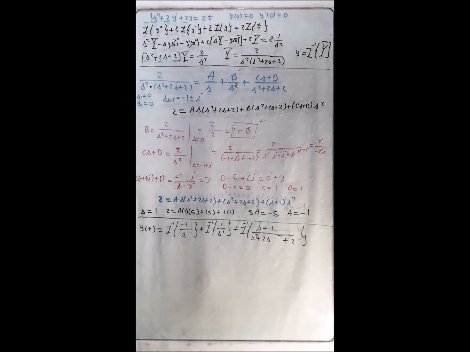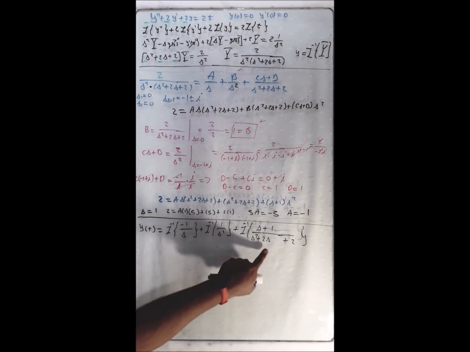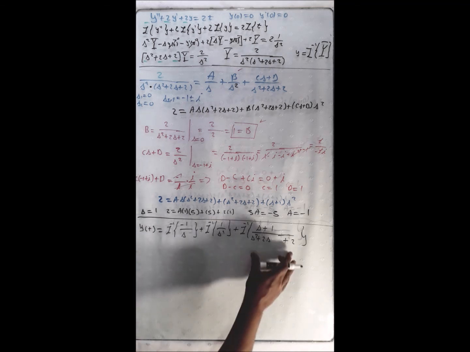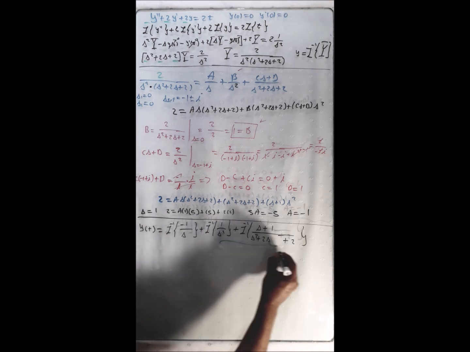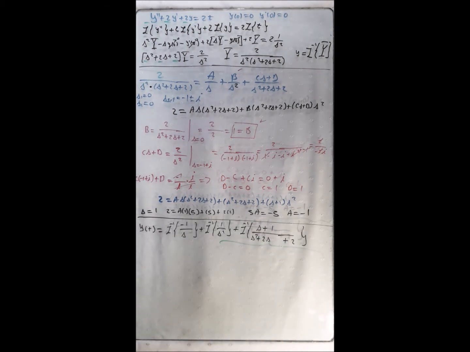Okay, there is no problem with calculating these two partial fraction inverses. The problem is here. And here what you have to do is to apply the method of completing the binomial. Okay, so let's do that procedure here.